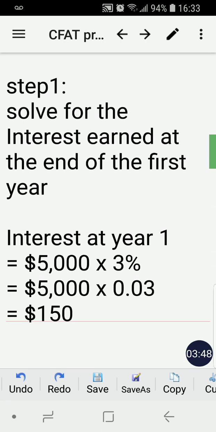Starting with step 1, solve for the interest earned at the end of the first year. The interest at year 1 is 5,000 times 3%. We get $150. That is the easy part.